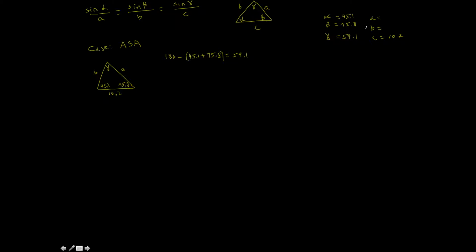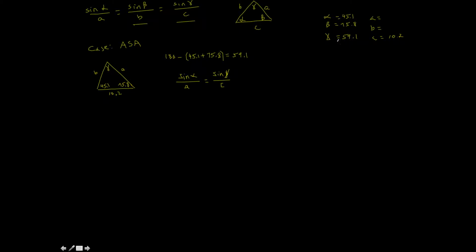Okay, so letter A. We want to solve for letter A first. Well, this is where we can use our law of sines. So how do I want to do that? I know I want to solve for letter A, so I'm going to have this ratio. But which ratio do I want to set it equal to? I've got two choices. I can either set it equal to sine beta over B or sine gamma over C. Well, we're going to set it equal to sine of gamma over C. Now, why is that?